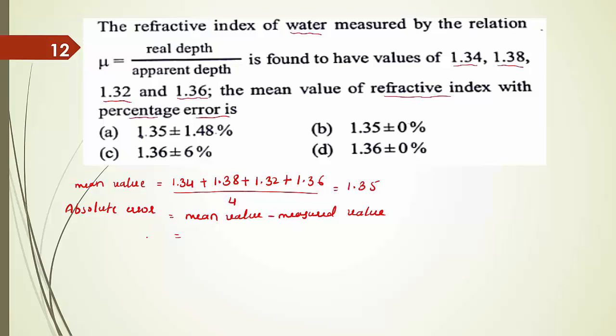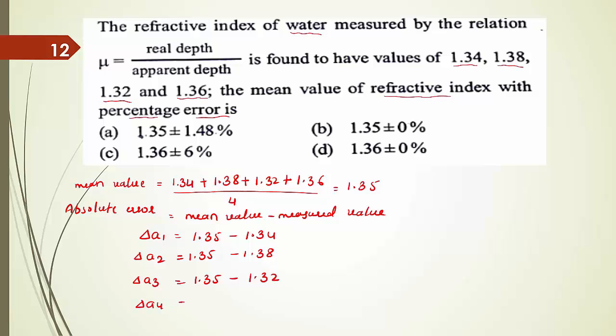So we can write for the first value, let us take it as delta A1 is equal to 1.35 minus 1.34. Similarly, for the second value, delta A2 equal to 1.35 minus 1.38. Delta A3 is equal to 1.35 minus 1.32.